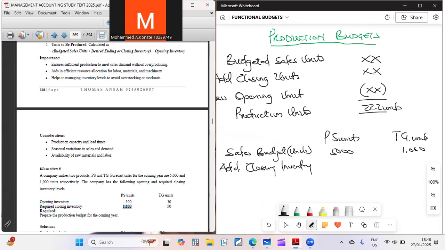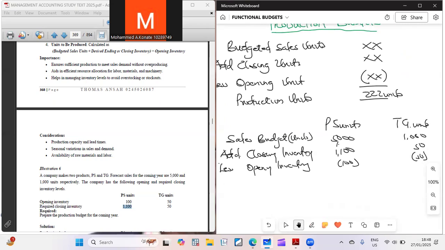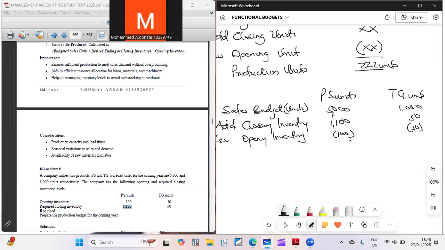This one, PS is 1,001, right? And this one is 50. Then we less opening. The opening is 100. This one is 50. So that means that our budgeted production in units will be what?